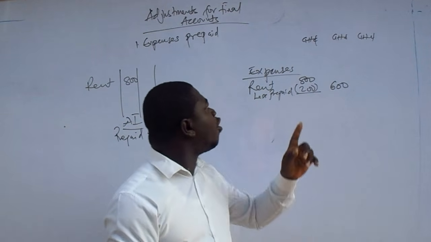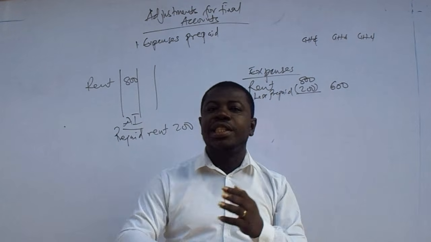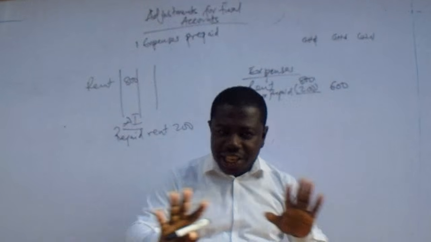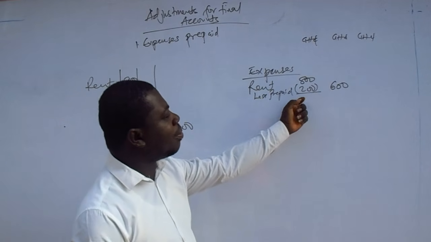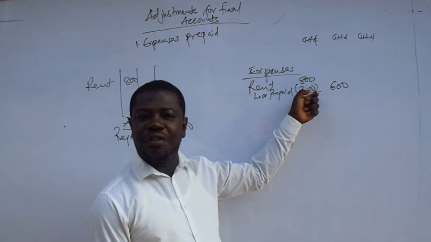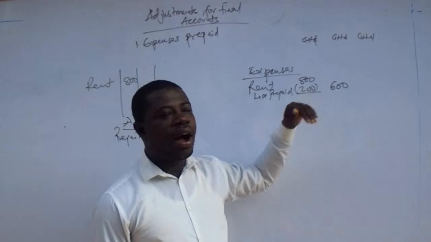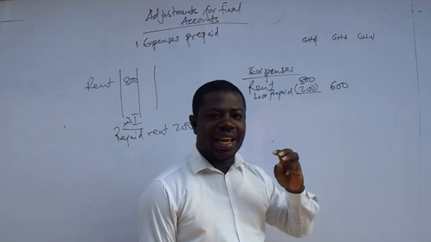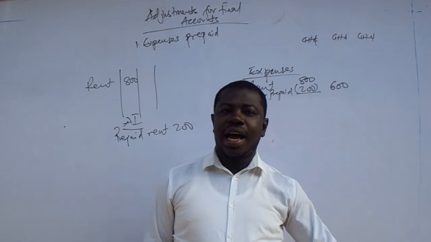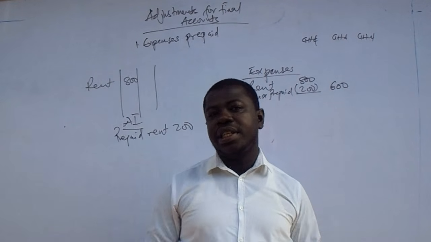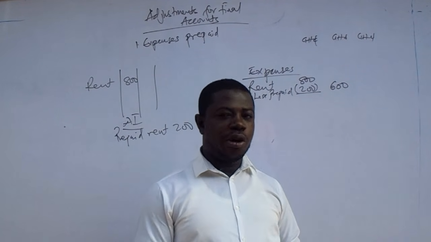So the first treatment for expenses, whether it is rent, insurance, advertising, any expense that is prepaid, is that we are going to subtract it from the paid figure and get our actual figure incurred. And the second treatment is that we are going to take the expense prepaid as an asset, as a current asset in the statement of financial position.